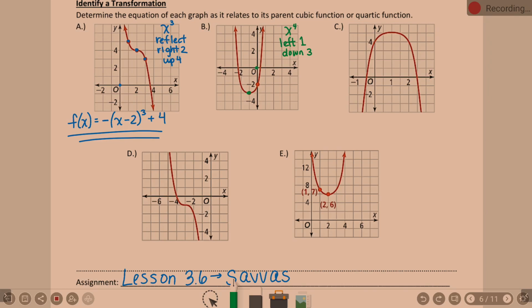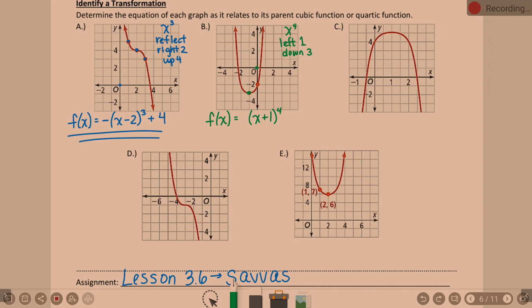Okay? Can you write this equation on your own this time? F of x equals. I would start with that left 1. Left 1 means x plus 1 in parentheses. When you have parentheses, that power is always going to go outside the parentheses.